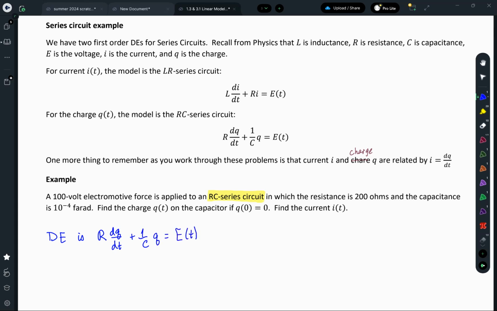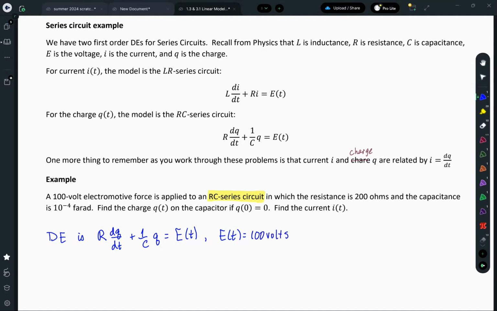Okay, they told me which one to use. I'm going to write it down. And they also said that we have a 100 volt electromotive force. E is voltage, and we have a volt reading. So we're being told right now that E of t is equal to 100 volts.